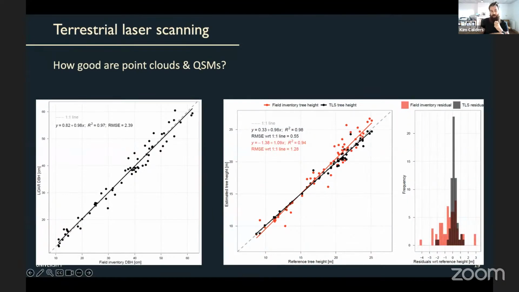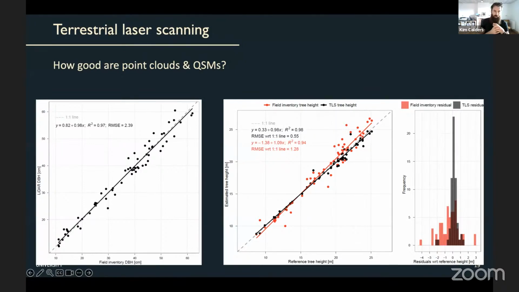So here we have reference tree height on the x-axis. That's actually the height measured when the tree was harvested, and we put a measurement tape on the ground next to it. And then in the red, you have the traditional height measurements. You can see it's quite a good agreement until like 16, 17 centimeters, and then it starts to deviate a little bit.